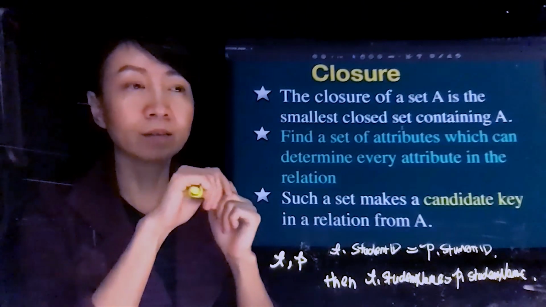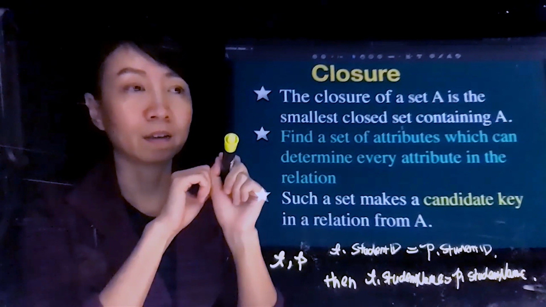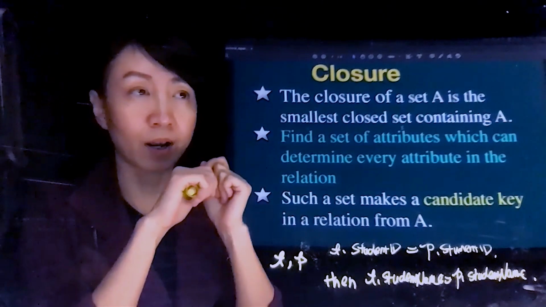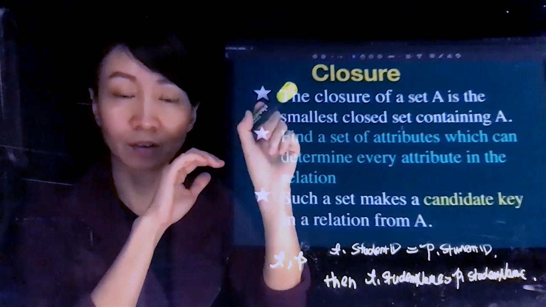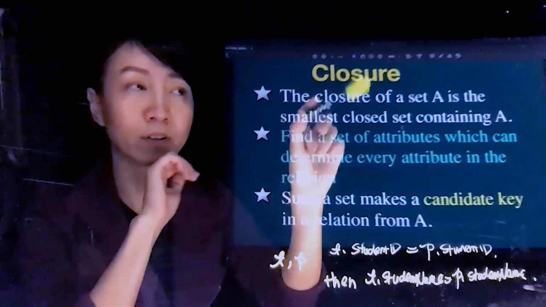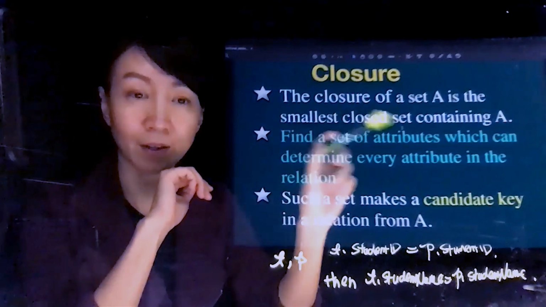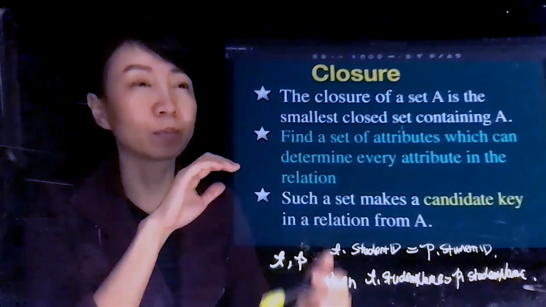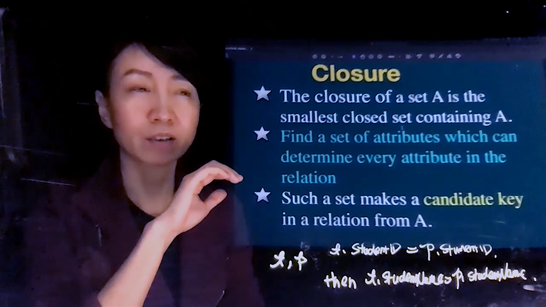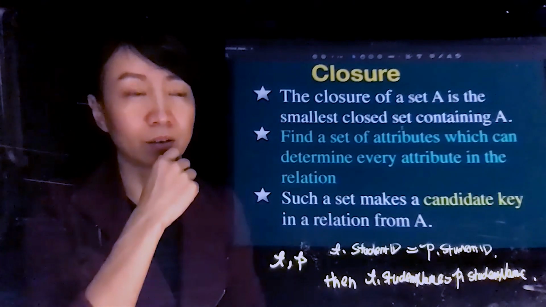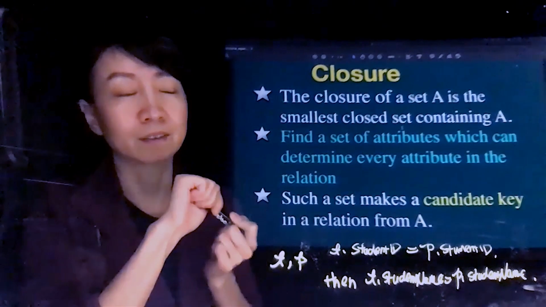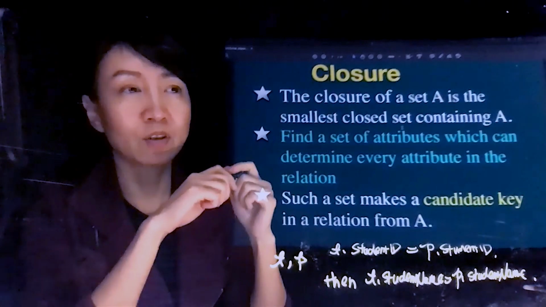Okay, then the primary key in relational algebra is a closure. The closure of a set A is the smallest closed set containing A. Okay, so this is a little bit abstract because that's relational algebra.